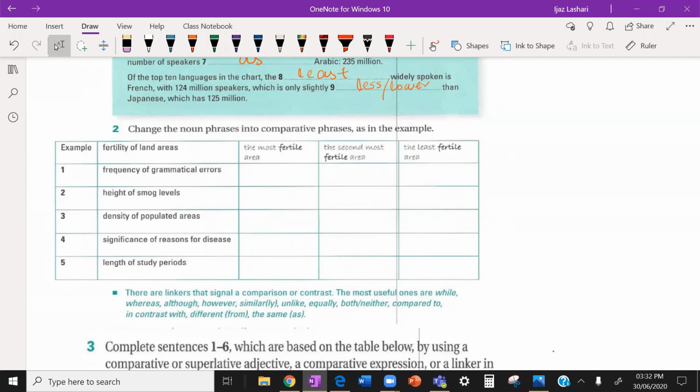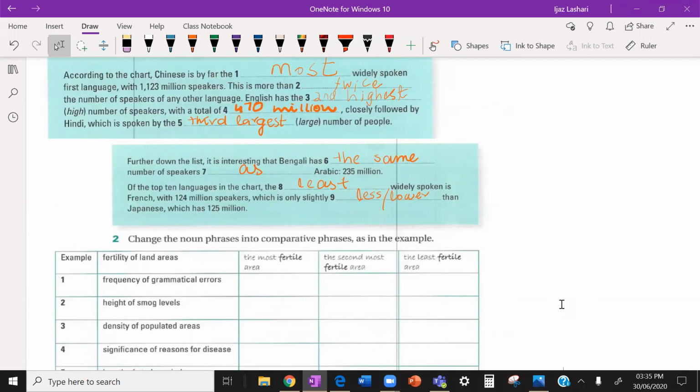Okay, just take two minutes and look at questions 1 to 5 and see what we can write in these blank spaces. Okay, so now we look at number 1. Number 1 says frequency of grammatical errors.